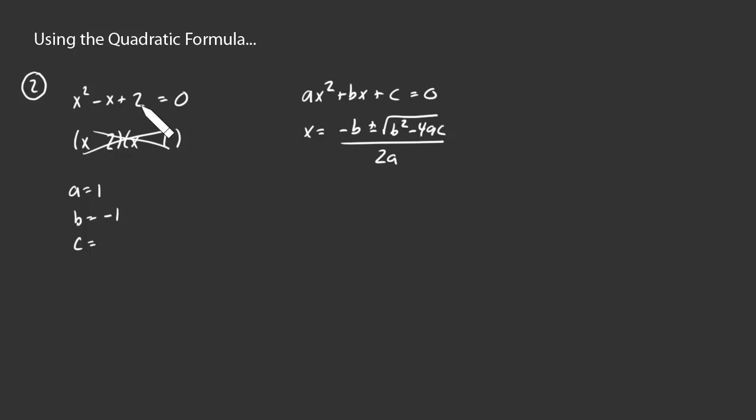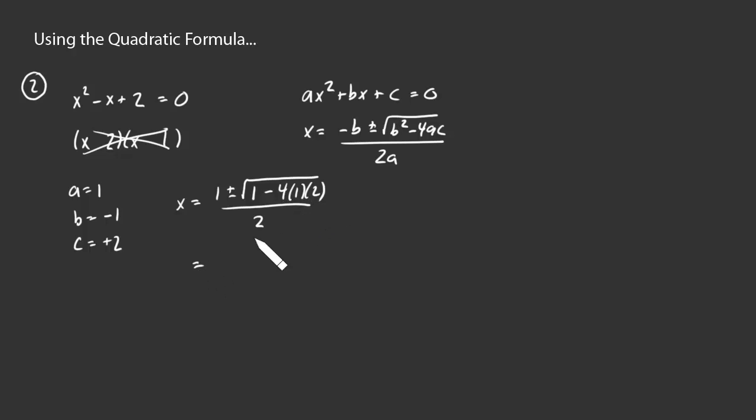And our c is, of course, plus 2. So that tells us x is going to equal negative b, so positive 1, plus or minus the square root of b squared, which is also 1, minus 4ac. Notice a and c are both positive here, so we end up with minus 4 times 1 times 2, all that over 2a, or just 2.